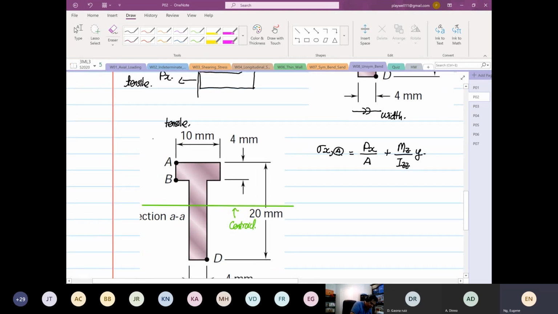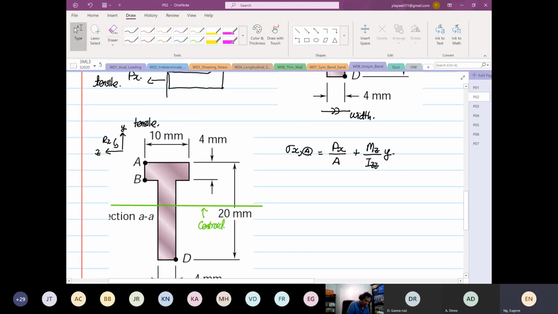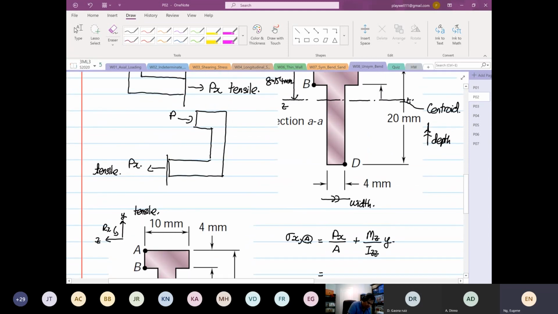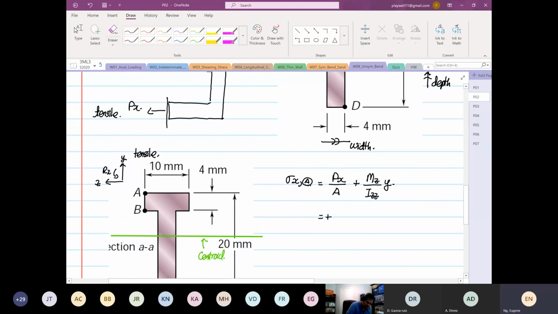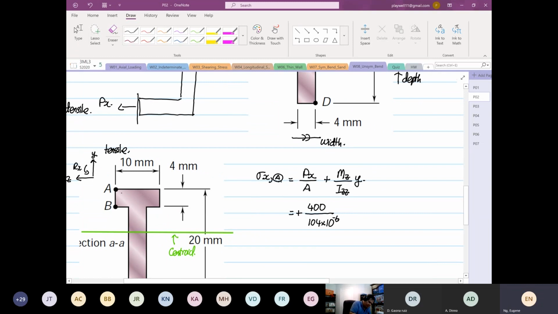Based on the transformation, these are y, z, rotation about x. We know that Px is equal to 400, and the area we also know. From the analysis, it's going to induce tensile: Px is 400 divided by our area, 104 times 10 to the power minus 6. Because at point A the bending induces tensile, this will be positive.